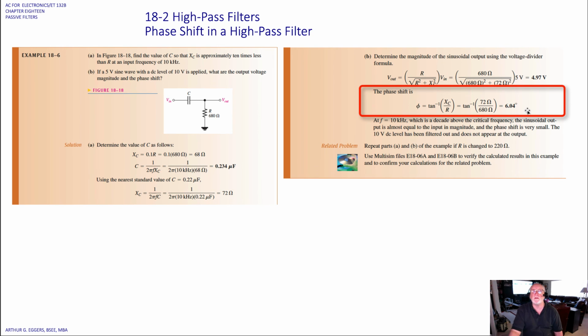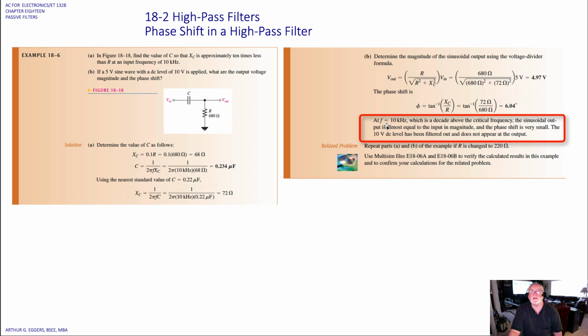So not a very big angle. At the frequency of 10k hertz, which is a decade above the critical frequency, the sinusoidal output is almost equal to the input magnitude, and the phase shift is very small. The 10 volt DC level has been filtered out and does not appear at the output.